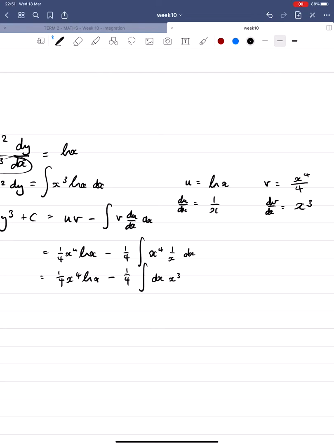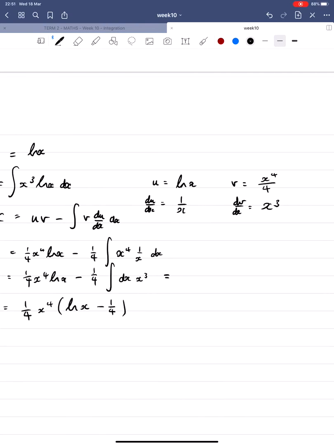So this is just the integral of x cubed, which is a quarter x to the 4, as we saw before. So I can pull out a quarter x to the 4, and I get ln x minus a quarter. I'll just fill in that extra line there. That felt a bit fast.